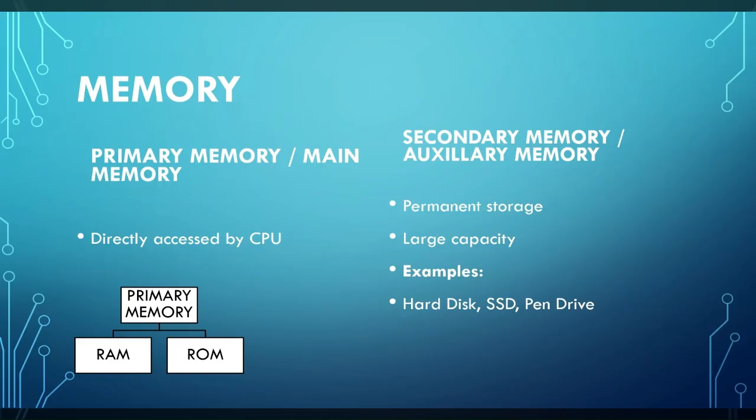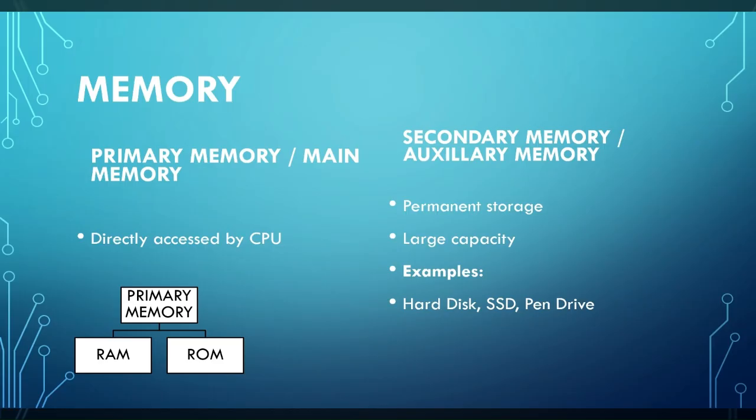So primary memory is also called the main memory because, as the name suggests, it is the primary or the first or the main memory of the computer. And the secondary memory is also called the auxiliary memory because it is secondary, not always present in the computer. So primary memory is directly accessed by the CPU, and secondary memory has some other advantages to that.